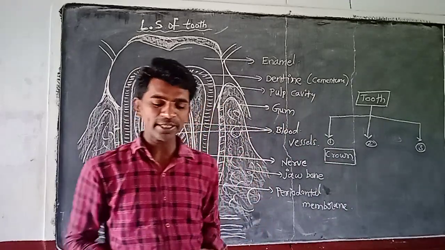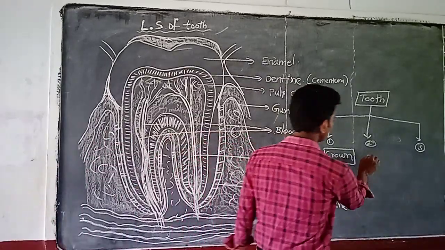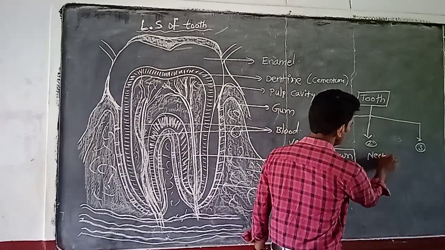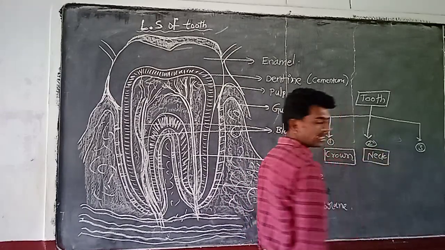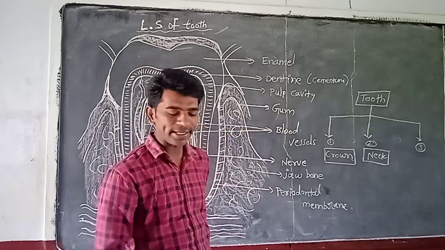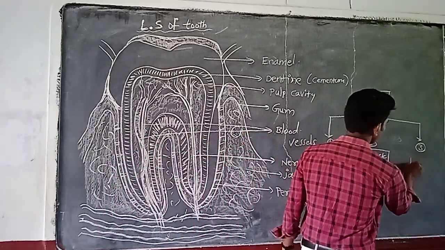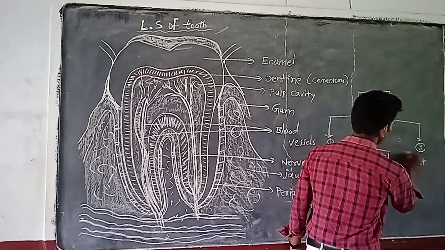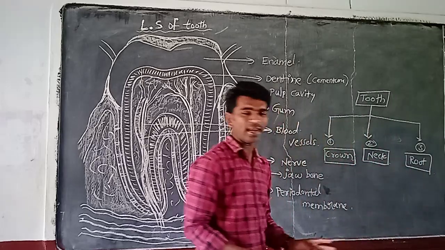The second part is the neck. And the third part is the root. Okay?